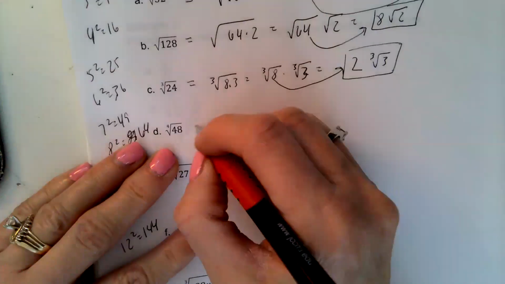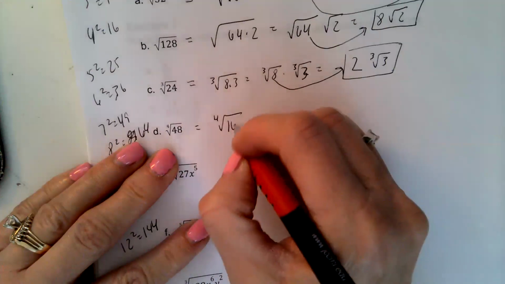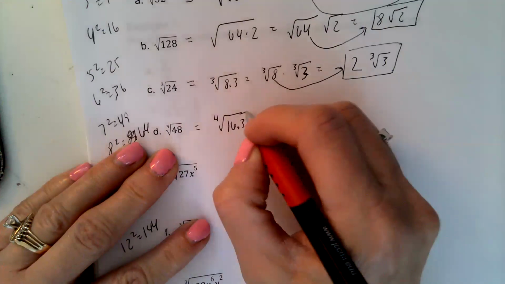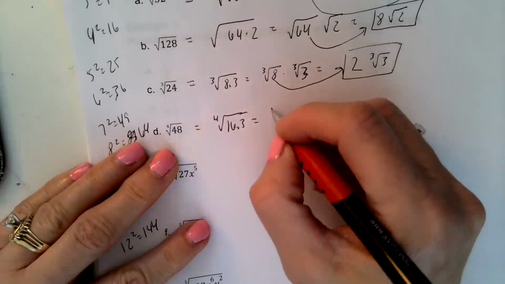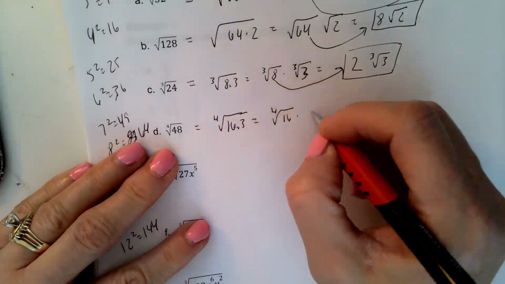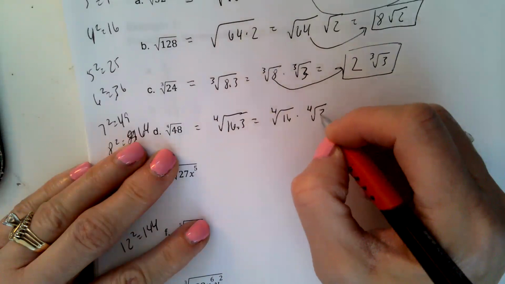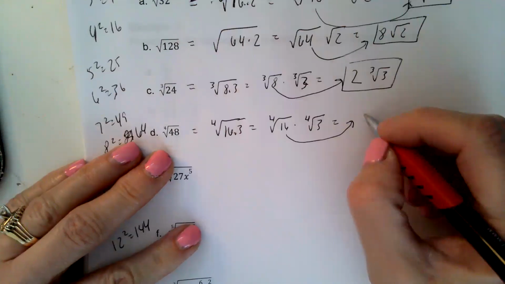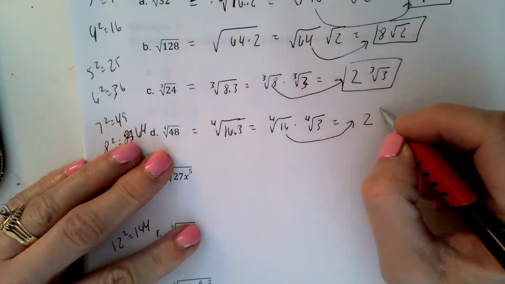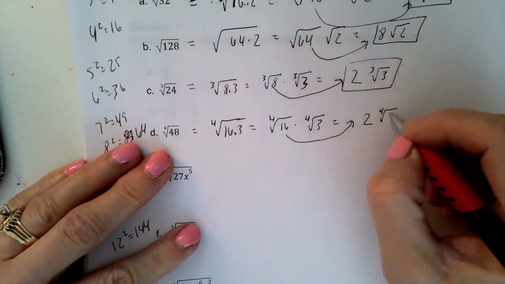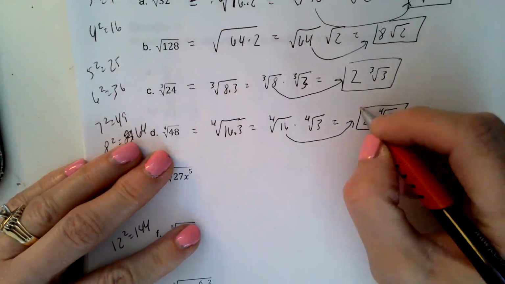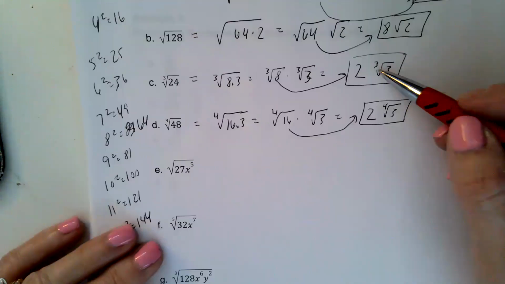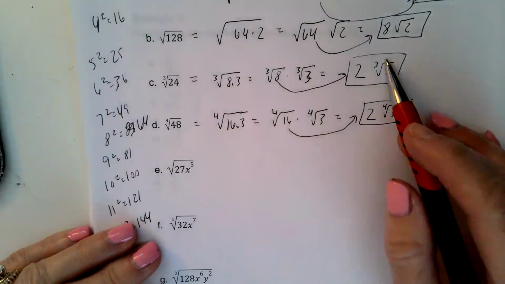So I can write this as the 4th root of 16 times 3. So it's the fourth root of 16 times the fourth root of 3. And the fourth root of 16 is 2. So I've got 2 times the fourth root of 3. Remember, whenever your index is something other than a square root, you need to make sure that you keep it along so that the reader knows.